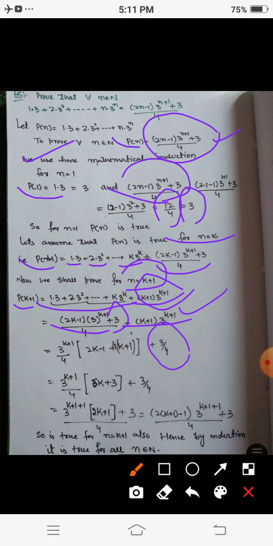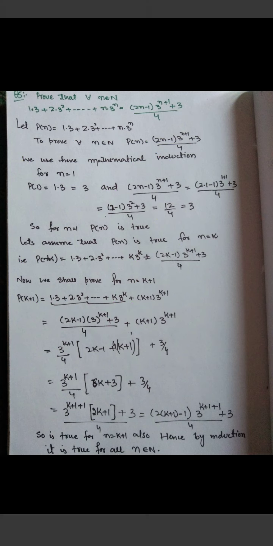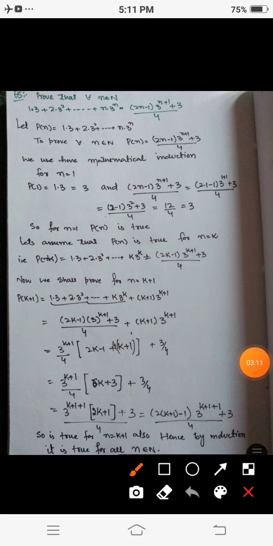Now these two terms contain 3 raised to power k plus 1, so taking 3 raised to power k plus 1 common, and 4 in the denominator also common, we are left with 2k minus 1 and (k plus 1) into 4, which is simply 6k plus 3.